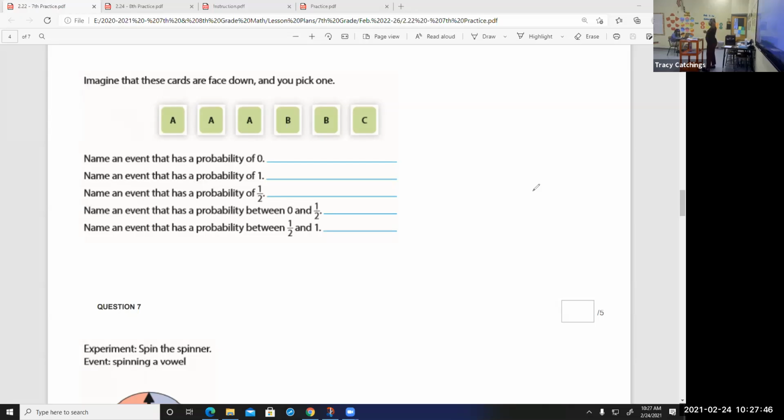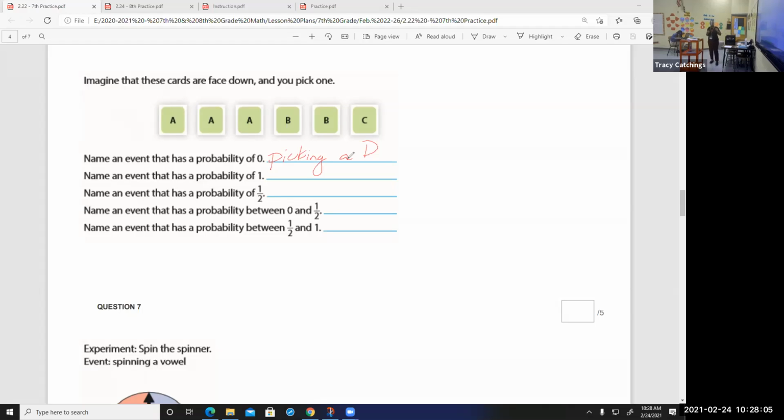We got one, but that won't make it impossible. Impossible means it's none of them. Picking a D, or I could have said any letter of the alphabet greater than C.